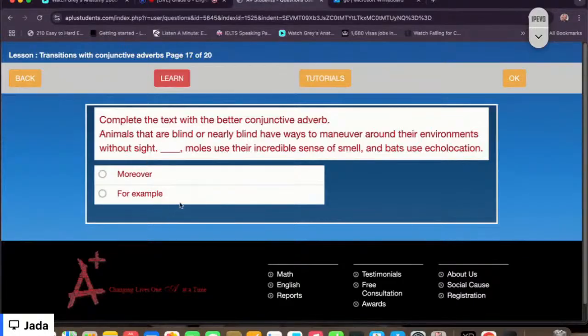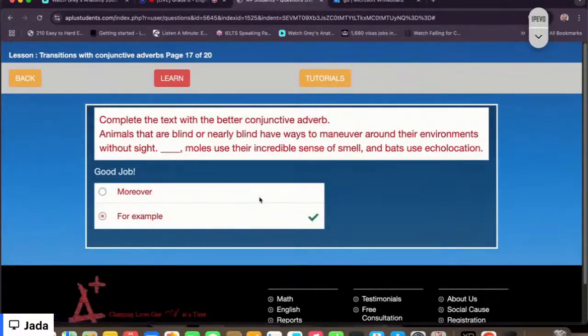So moreover, or for example. All right, so we have for example.